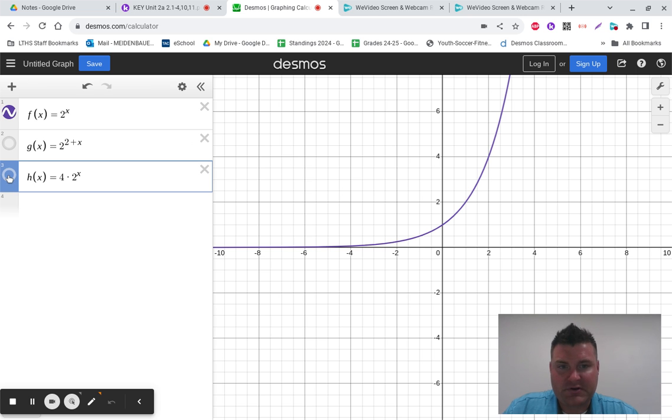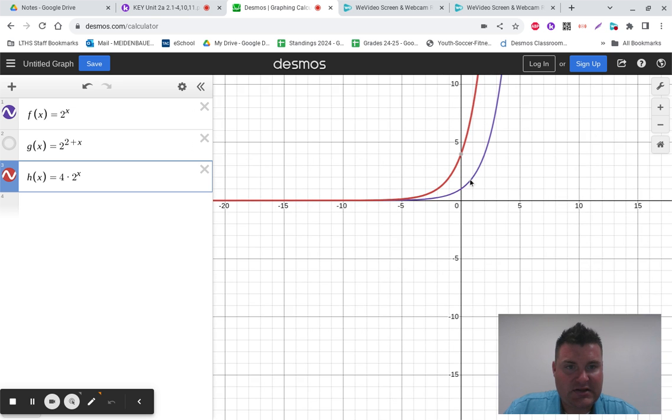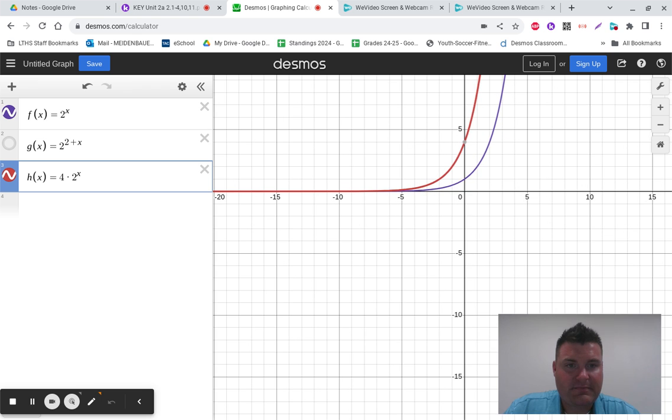If I just have 4 times 2 to the x, all these values just get multiplied by 4. So this number gets multiplied by 4. This number right down here at -2, which is 1/4, gets multiplied by 4 to become 1. This value right here at 1 multiplied by 4 becomes 8. You can see that as I go out from this a bit here. That's no different than shifting the entire graph left 2.